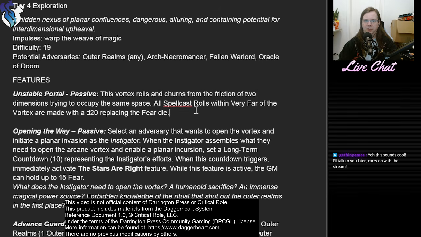That feature makes spellcast rolls more dangerous, right? Easier to succeed at, but more likely to be rolls with fear. So warp, the weave of magic. Let's say, one of the things is open this portal.